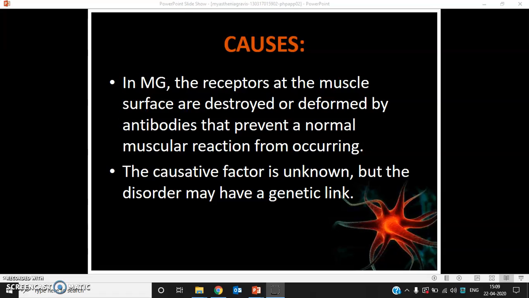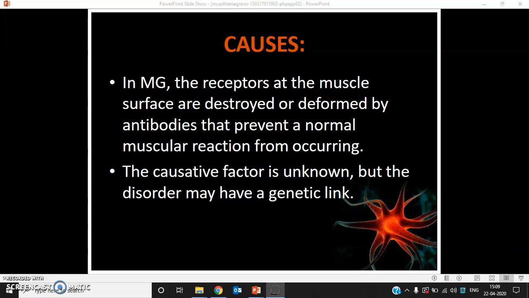Because this is an autoimmune disease, our own antibodies attack the receptors. What kind of muscle reaction do we get if these receptor sites are blocked? There will be weakness in the muscles.